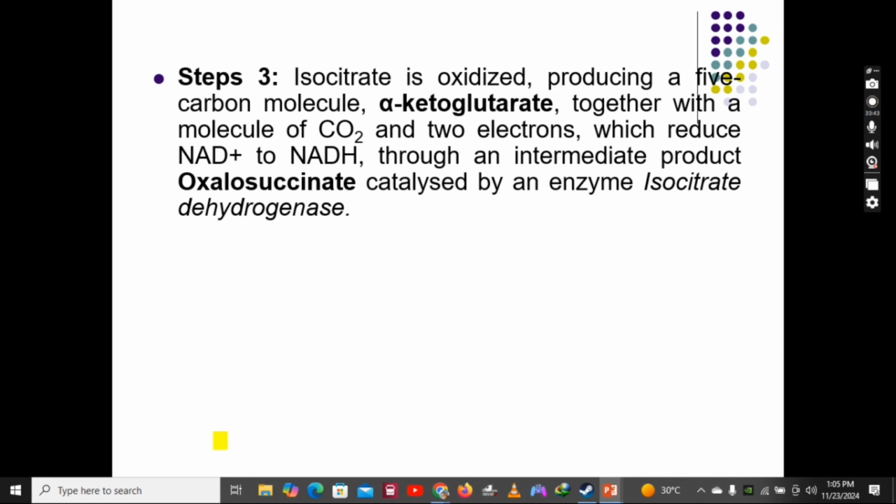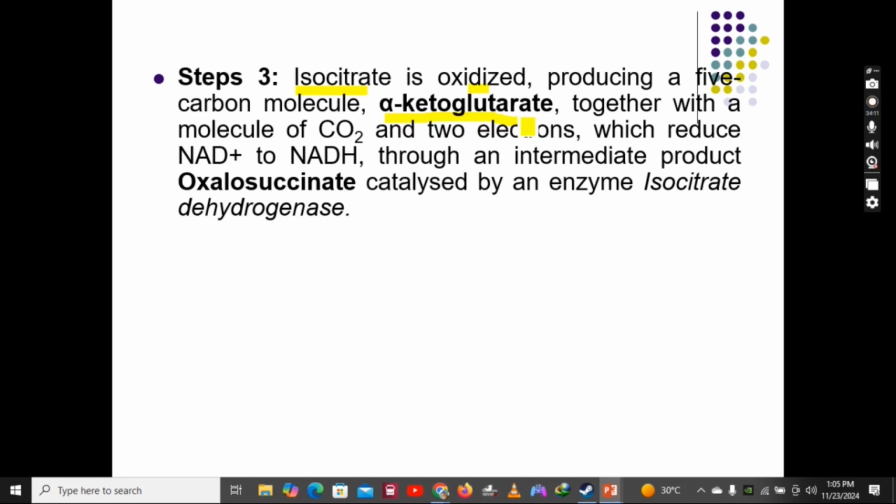So we look at the third stage. Now we have our product, which is isocitrate. In the third stage, the isocitrate will be oxidized, and the product that will be produced is a 5-carbon molecule called alpha ketoglutarate.